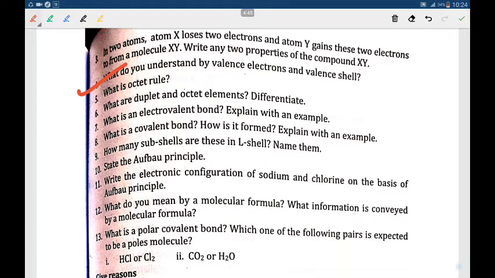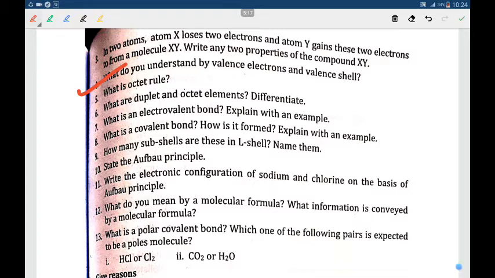The number of electrons present in the outermost shell of an atom are called valence electrons. The outermost shell of an atom is called the valence shell.